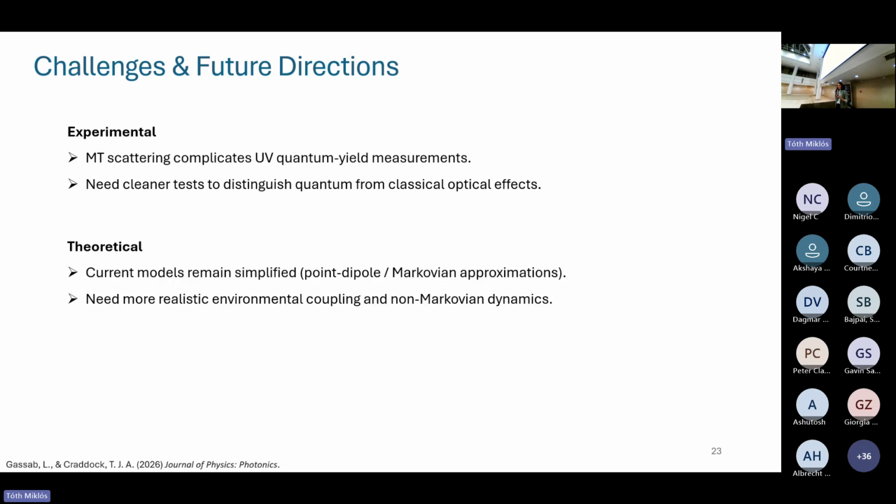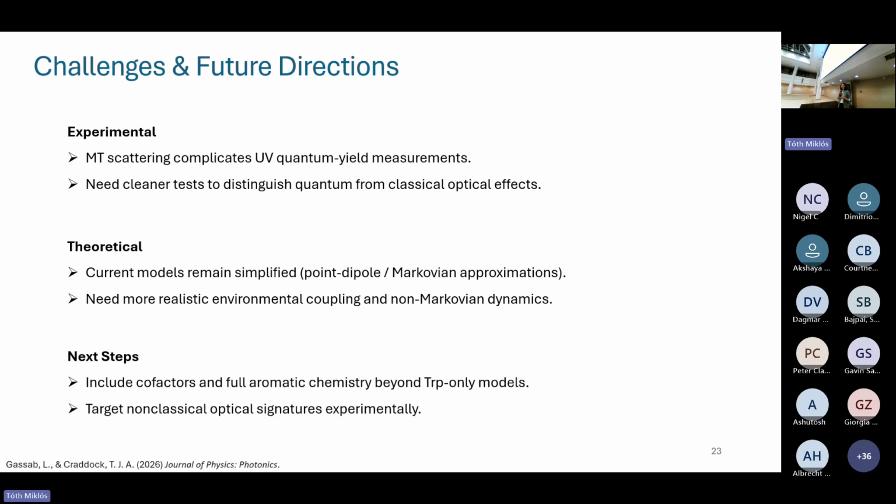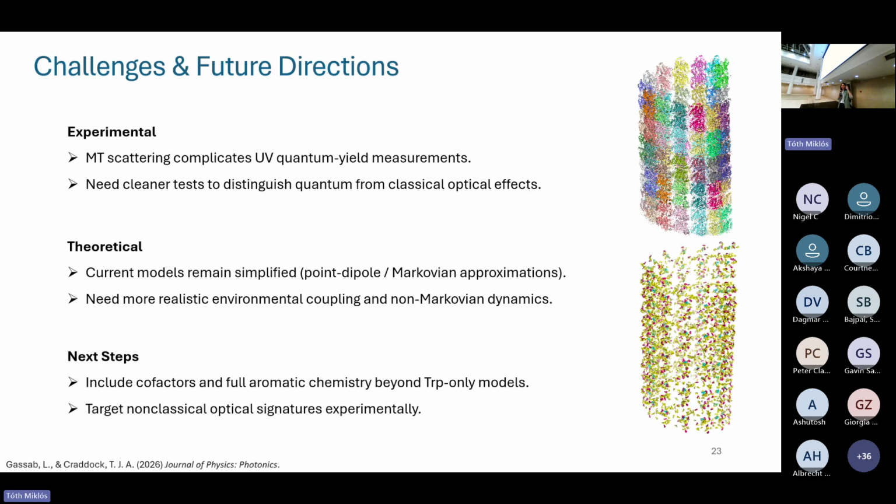Also on the theoretical side, we need the environment to be more realistic, maybe add the non-Markovian part, and also to not stop at the point dipole, especially if we add other residues, which would be at shorter distance from each other. And so the next step would be to, for example, complexify the network to make it not just tryptophan, but add tyrosine, or also GTP or GDP.